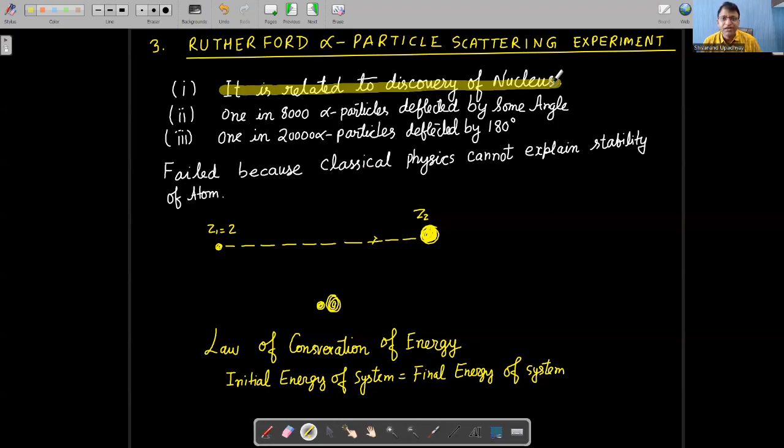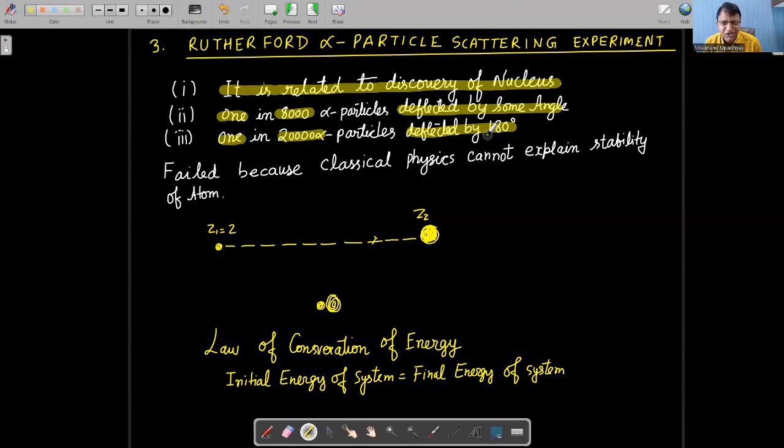And among 20,000 alpha particles, only one alpha particle will be returned back, deflected by 180 degree. And from this, third point, we come to know that the size of nucleus is very small, and almost all the mass of the atom is concentrated at the center.